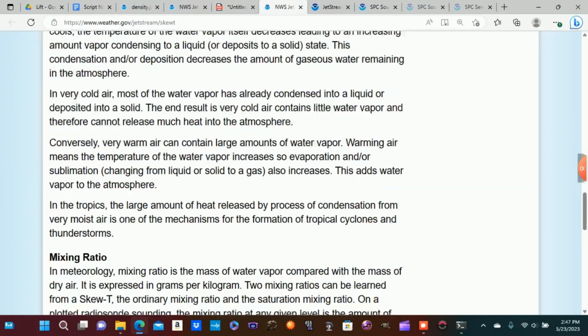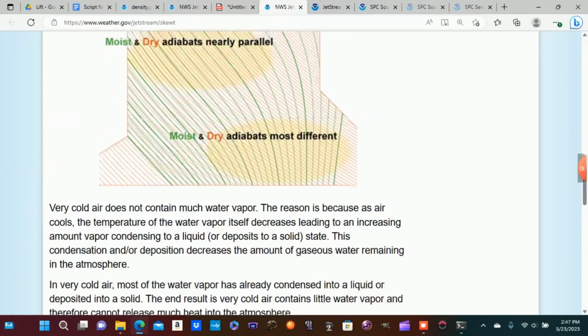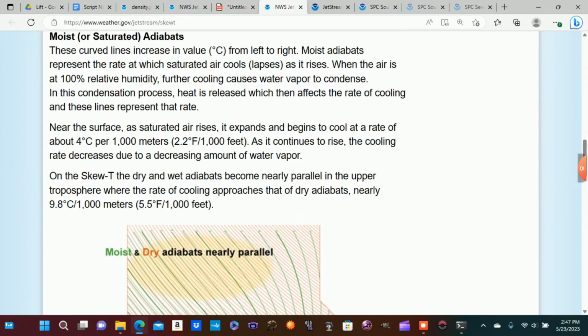The reason the moist adiabat cools at a slower rate is because the moist adiabat is a result of condensation. And so we know from the adiabatic process that condensation is a warming process and it warms the surrounding air. So that's going to slow down the cooling process, which is why the moist adiabat will cool at a slower rate than the dry adiabat.